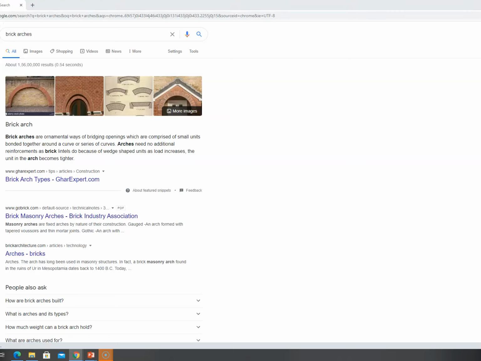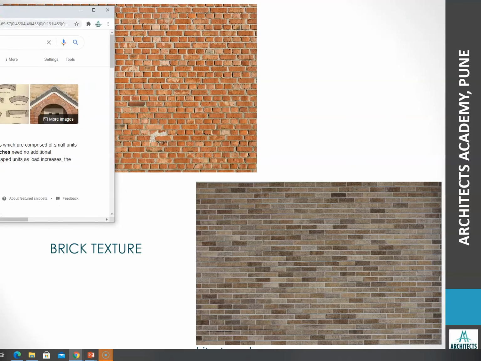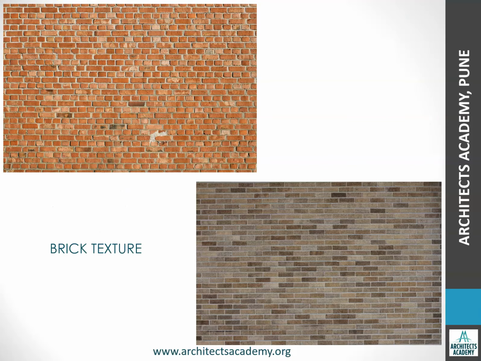That is what we have to try and understand. Let's not wait till the image loads. We will go ahead with the presentation. I think you have understood the form at least, how an arch looks. It is a semicircular arrangement.